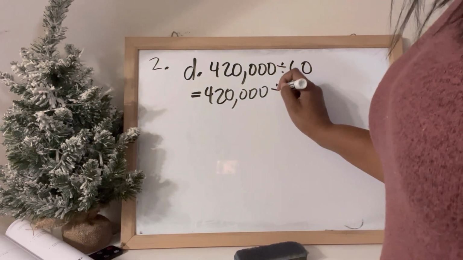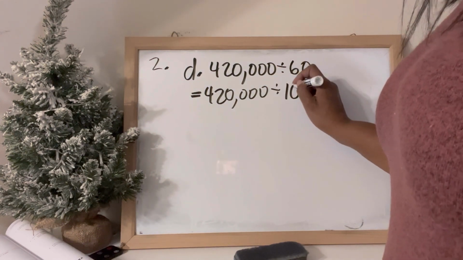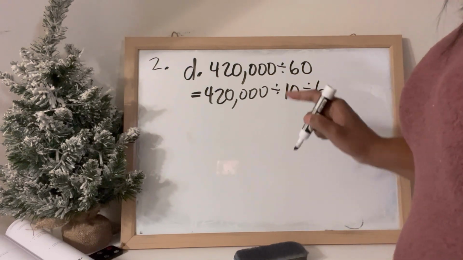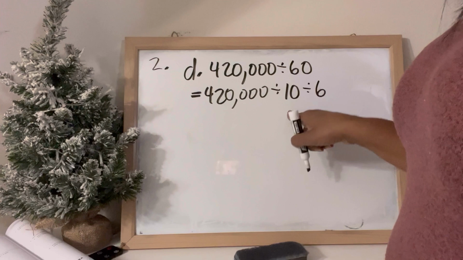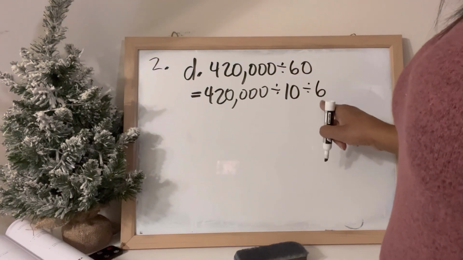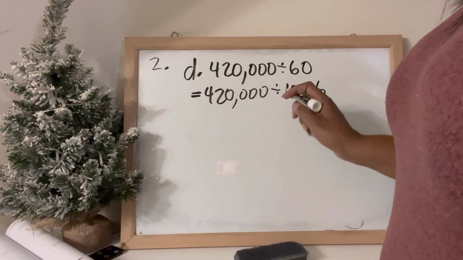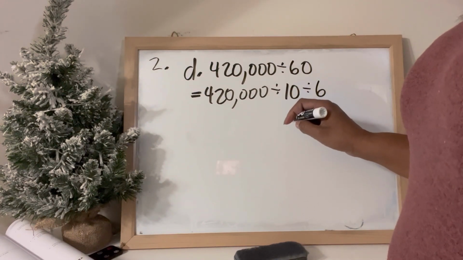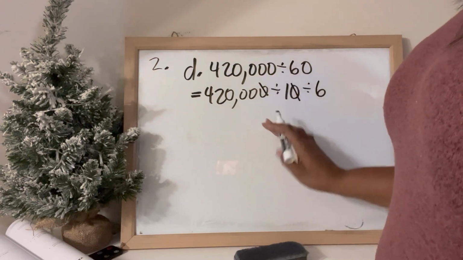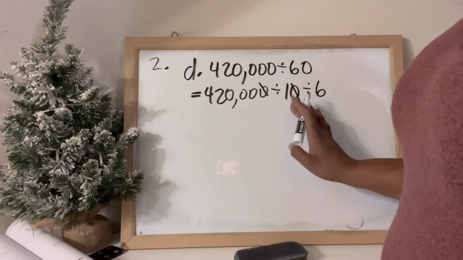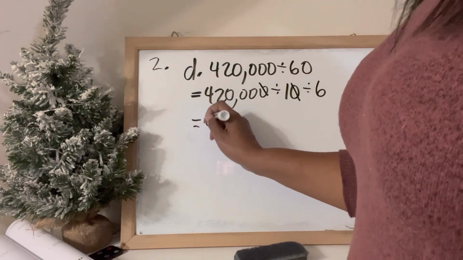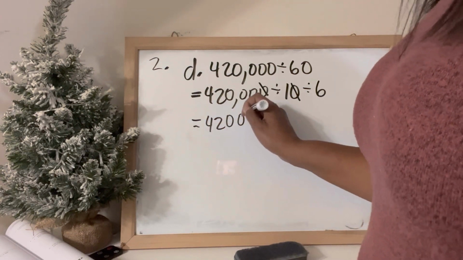We're going to represent this 60 as 10 divided by 6. 10 because 60 is a multiple of 10. And then the 6, we got it from there. Okay, so now we can do that easy division where we just cancel out the zeros. I get to cancel out 1 zero because our divisor had 1 zero here. You will bring the other numbers down.